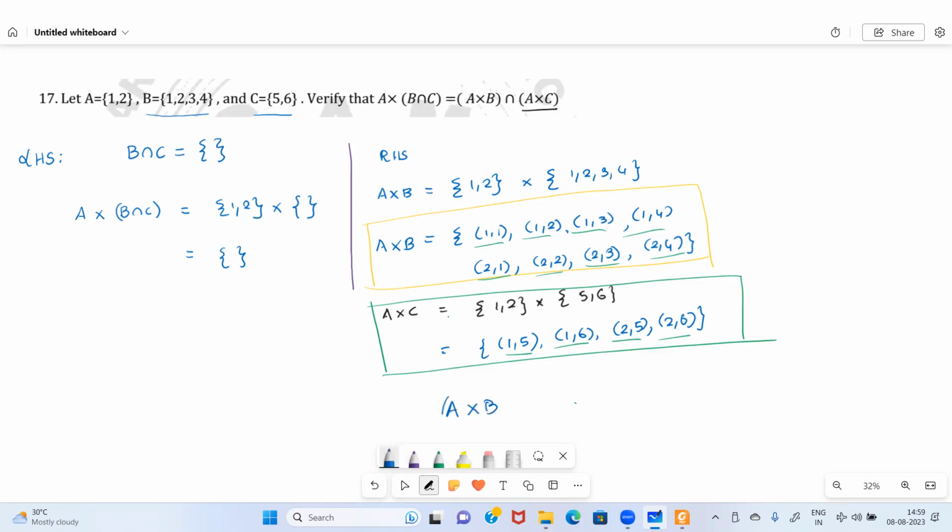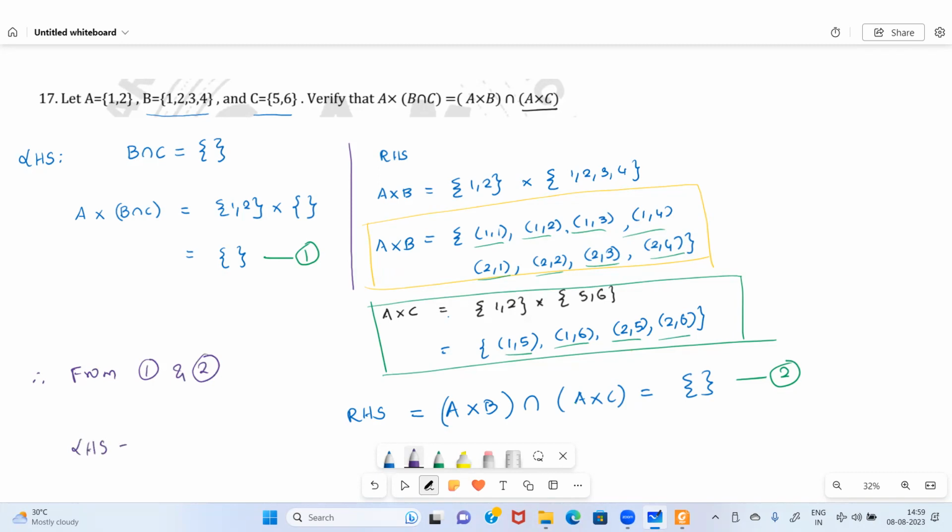So (A cross B) intersection (A cross C), there is no common element. Therefore, it is a null set. So we get LHS as a null set. RHS is also a null set. Therefore, from 1 and 2, we get that LHS is equal to RHS, and hence the proof. I hope it's clear to you, students. Let's go through it once.